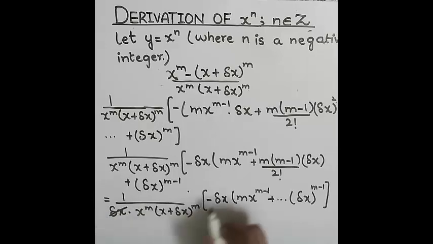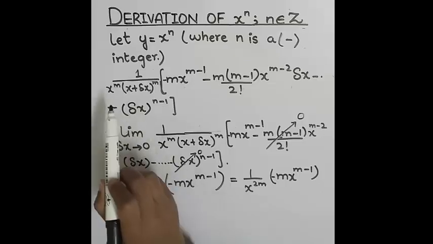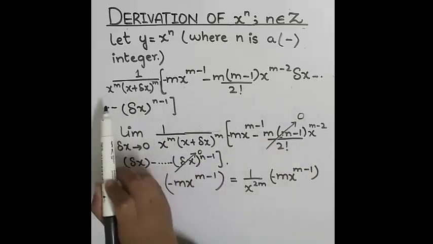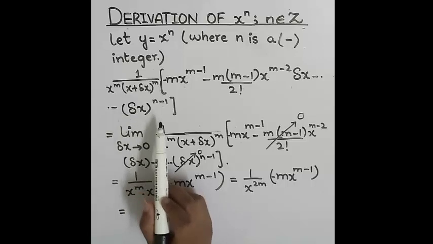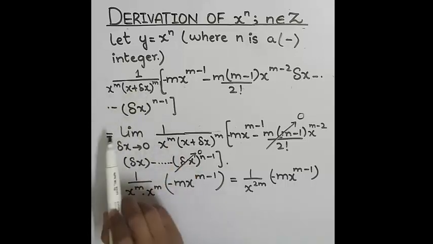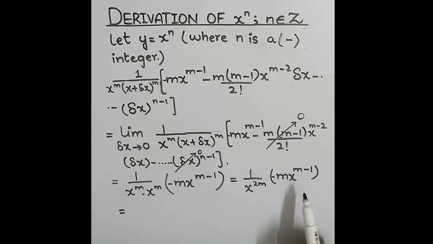So this delta x and this delta x will be cancelled out. In the third step we divide the whole term by delta x, delta x and delta x are cancelled out, and we are left with this term.